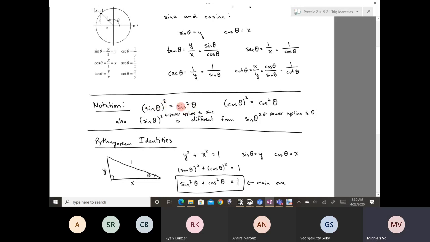So that's what this expression means. What it doesn't mean is that the power applies to the angle. That is something completely different, where you square the angle first, whatever that turns out to be, and then apply the sine function to that angle.